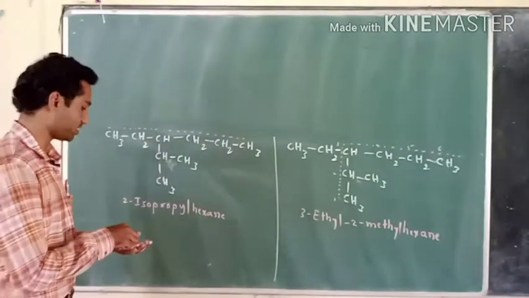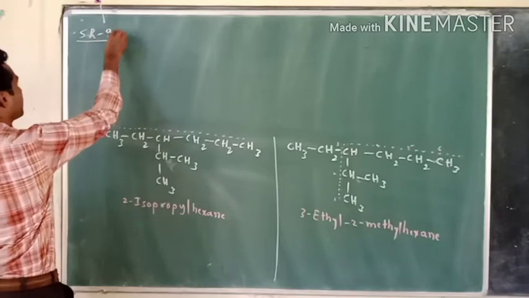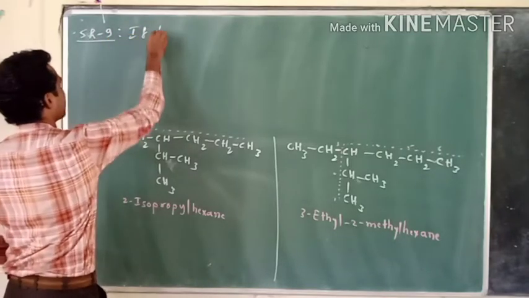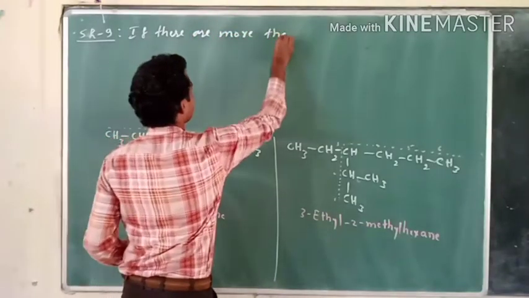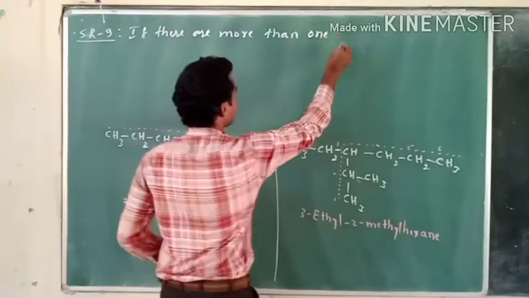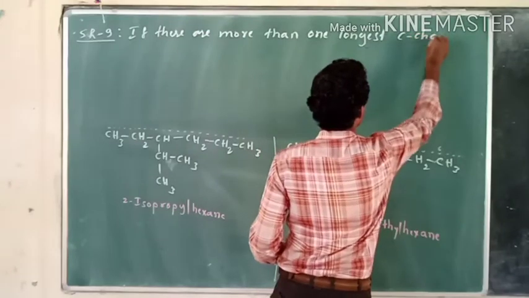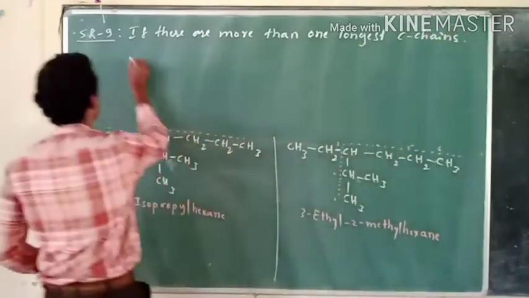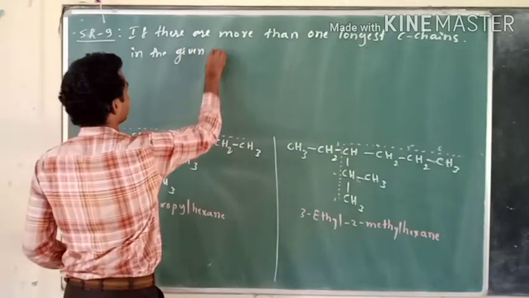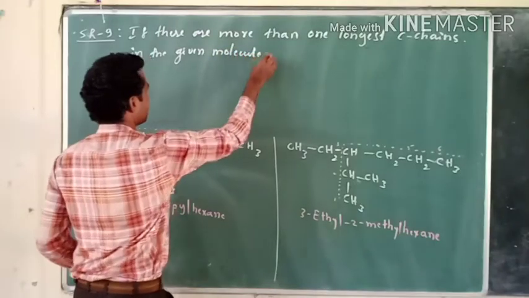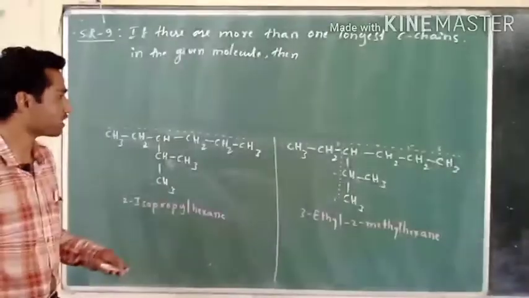For that, the rule is sub-rule 9. If there is more than one longest carbon chain in the given molecule, then which one do I have to select?